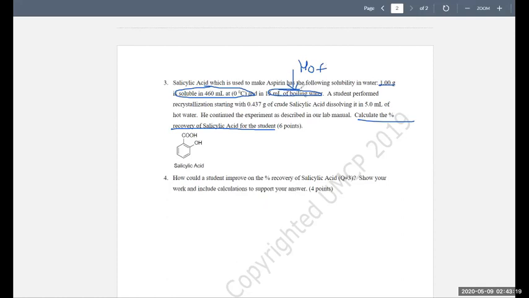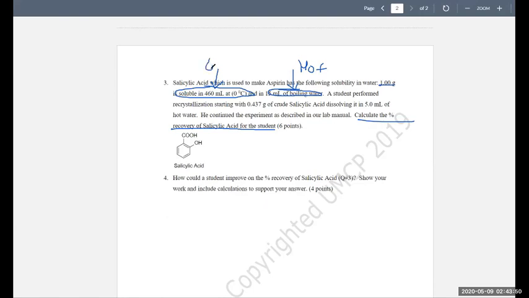So you want it to dissolve. You're going to calculate how much dissolved and how much didn't. You're going to remove the mass that didn't dissolve, as impurities, and then at cold temperatures you want it to not dissolve. So whatever doesn't dissolve, you calculate. You take this amount and then subtract out the amount that didn't dissolve, and here you subtract out the amount that did dissolve.